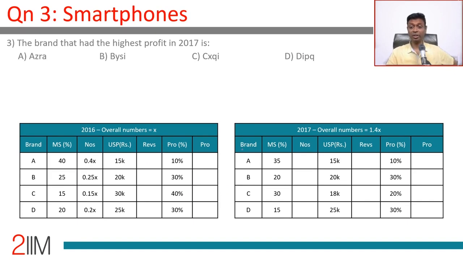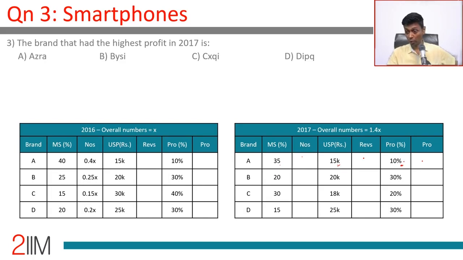Highest profit in 2017. So we're going to find this, then this, then this. Fine. So this is 0.35 into 1.4 into 15K into 10%. So it's a fairly involved calculation to find this. But let's see if something is higher. So we're doing 35 into 1.4 into 15 into 10%.